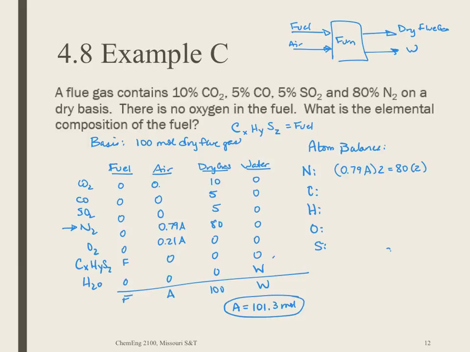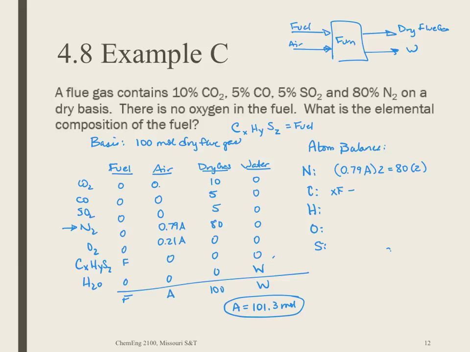Okay? Now, let's start doing balances on these other things. So C. C comes in as the fuel, so it's X times however much of the feed comes in. There's no carbon that comes in with the air.